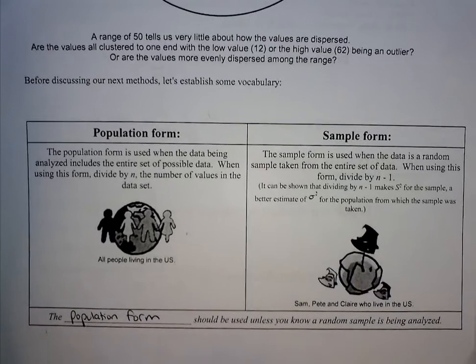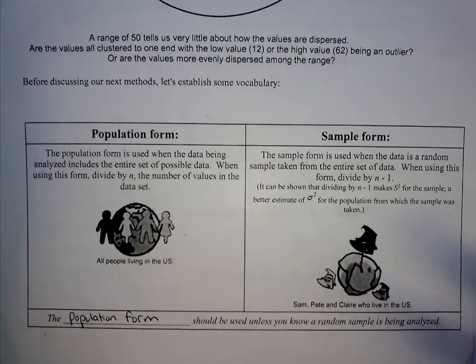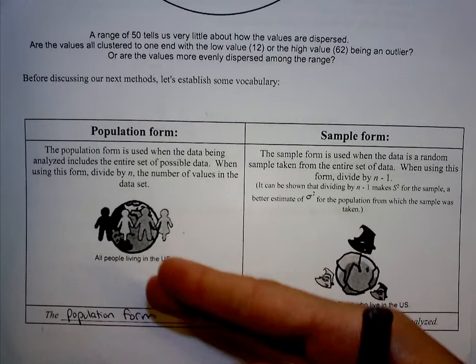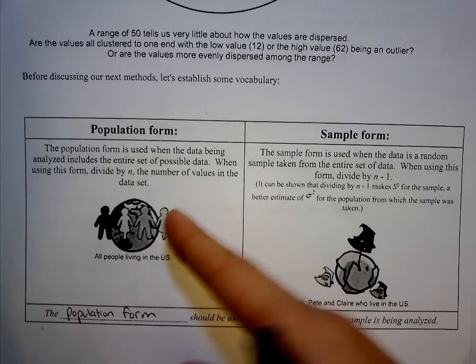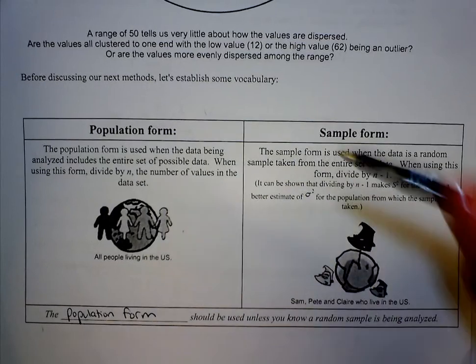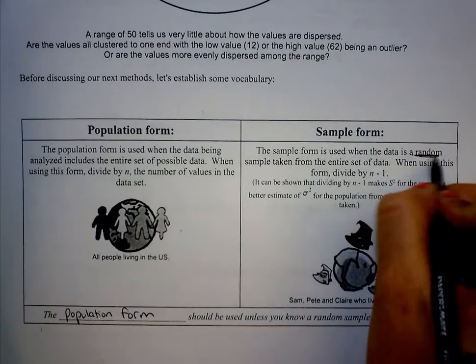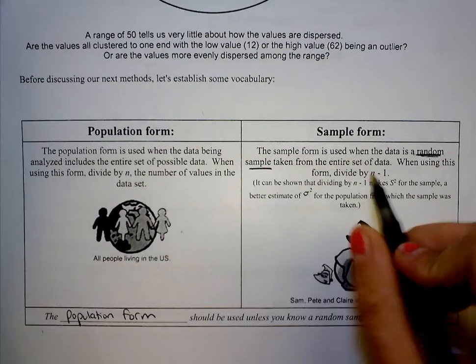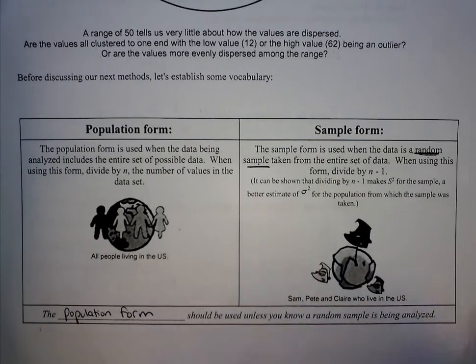So if your study is talking about people in the United States, and you know you can't survey every single person in the United States, you can't sample the entire population, what you do is you create a sample. And you create a random sample. Remember, randomization is important so you don't have any bias in your study.